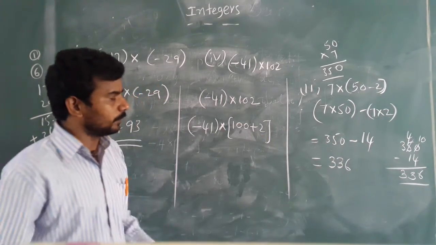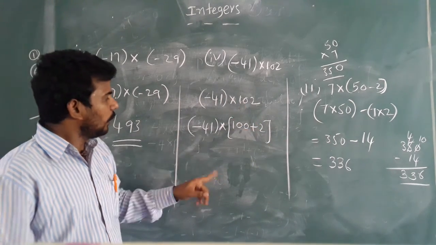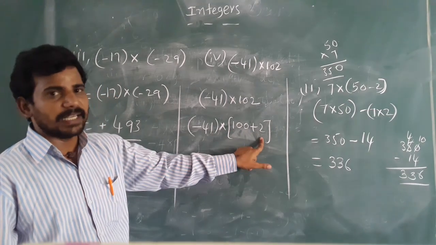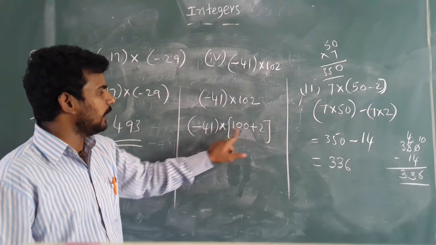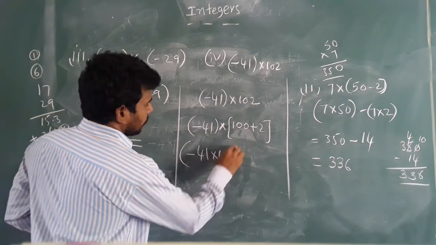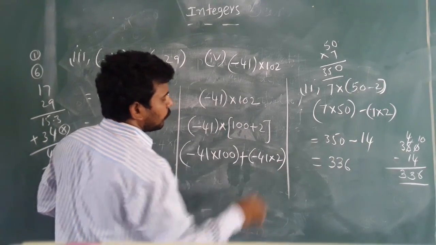So take 102, write 100 plus 2. Now a into b plus c. Which property? Distributive property. So minus 41 into 100 plus minus 41 into 2.